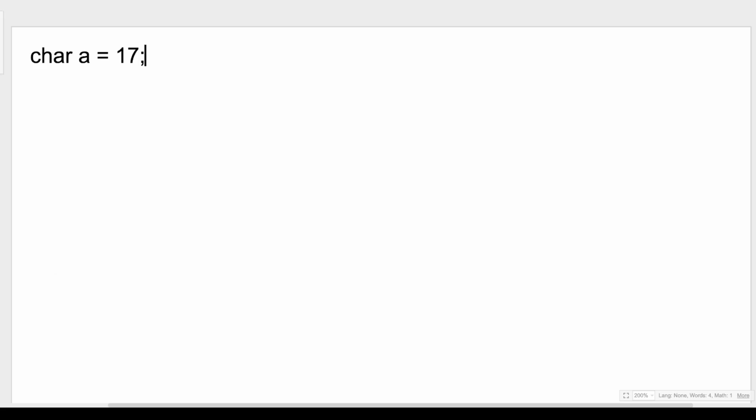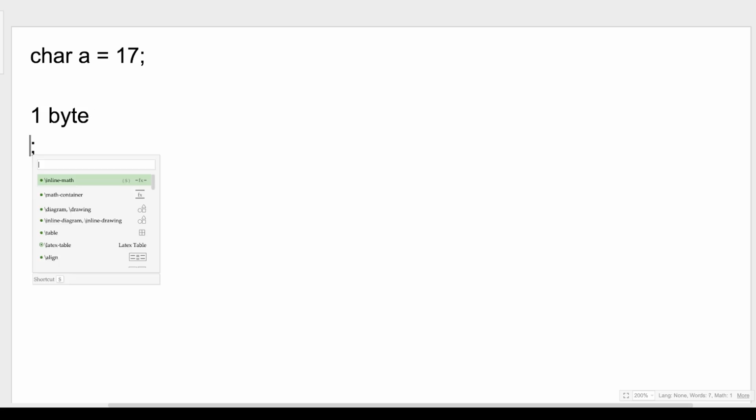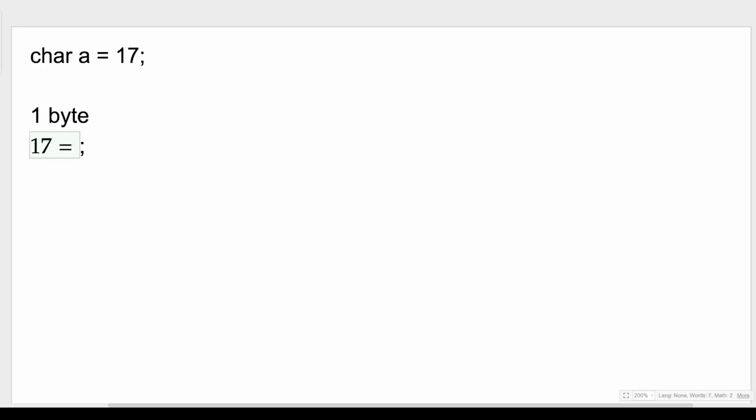Now the question is how this 17 is stored in memory. This occupies 1 byte, and 1 byte means we have 8 bits. So I'll convert 17 into binary. If you keep dividing by 2, you can convert by the traditional procedure.